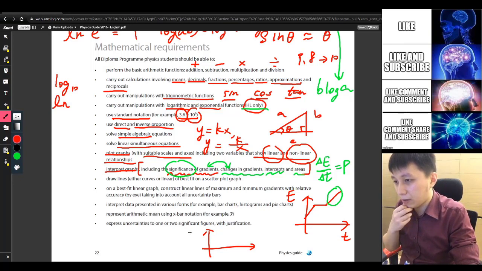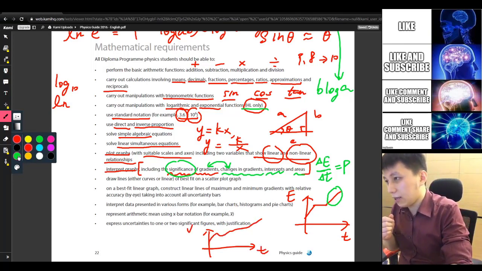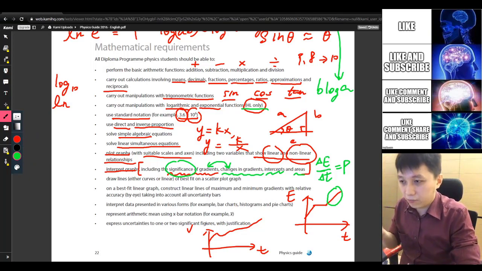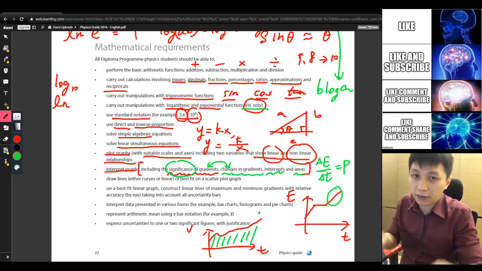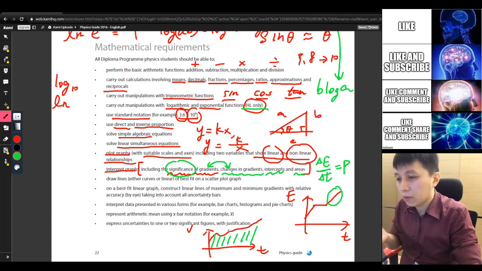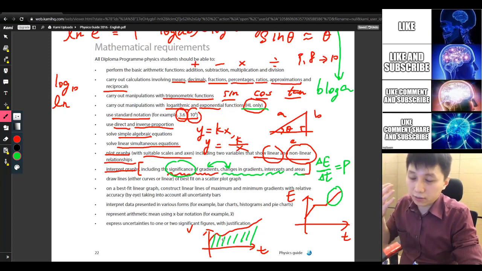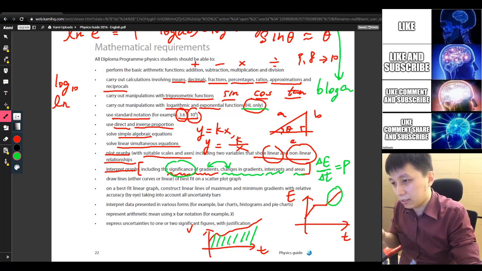And area. Again, area could be on a graph with a certain x and y axis. So for example, a v-t graph, and again you may have a certain line, and so area is like you are doing the integration. But don't worry, you don't need to do integration or differentiation at all in physics. But you have to understand the idea that the area is doing the integration, and physically it actually means v times t.